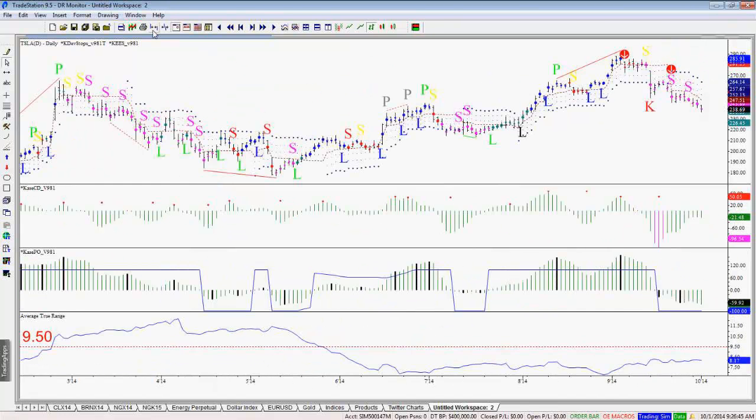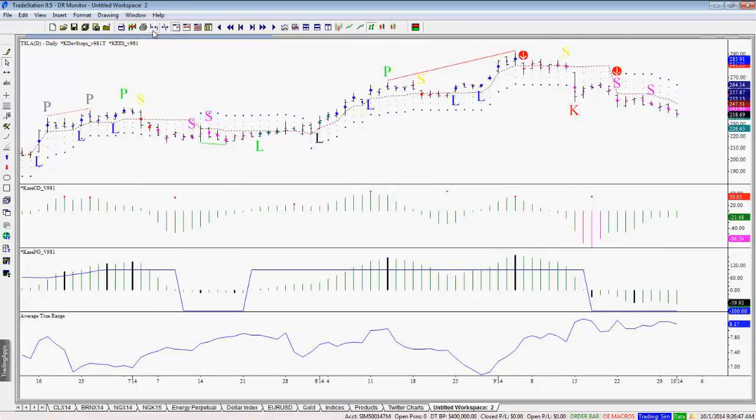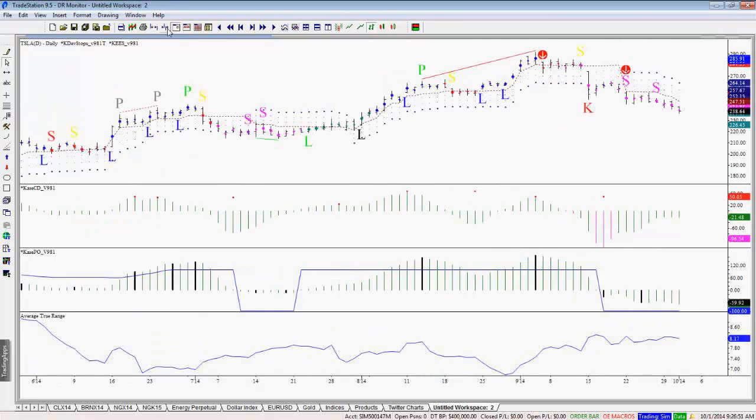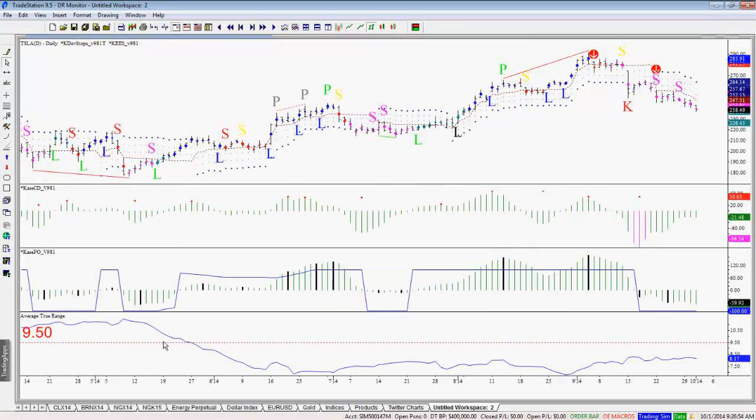So we're going to go with a 9.5 point range. We're getting an idea that right now the average true range on the daily chart is about 9.5 points. It varies from about 7 to about 11, so we're picking something right in the middle. Okay, so right around 9.5 points.